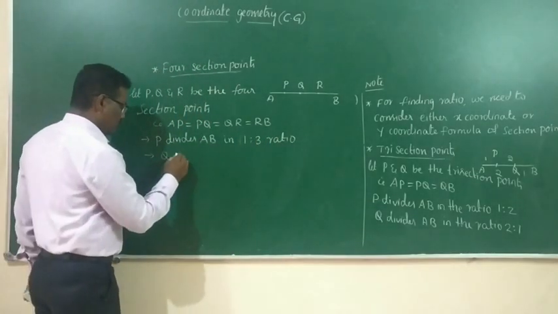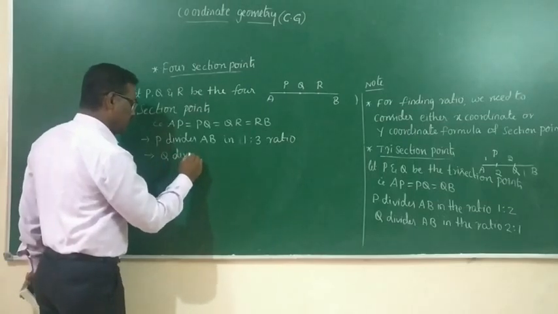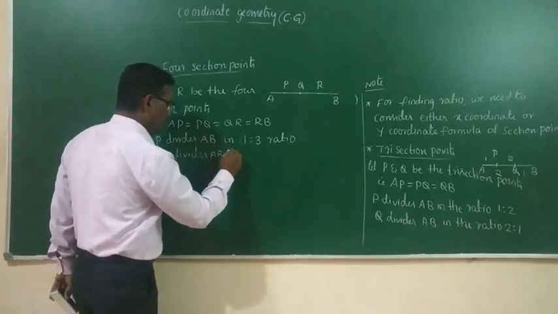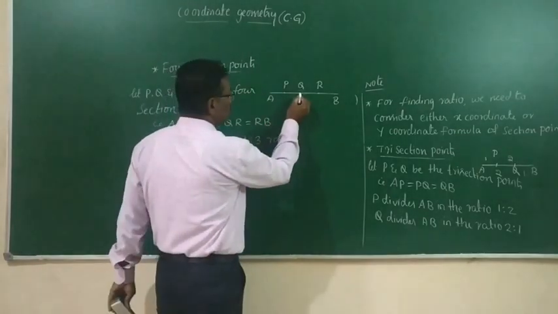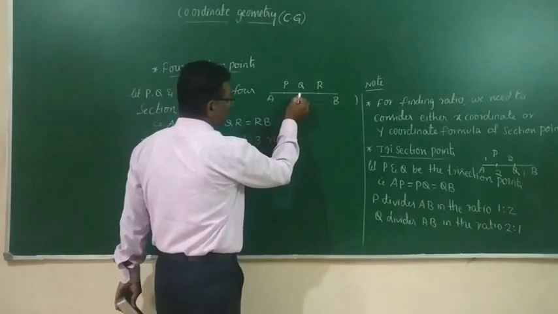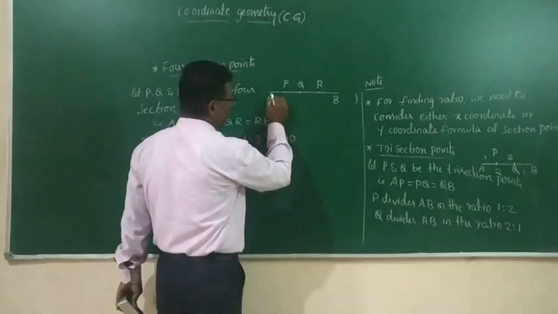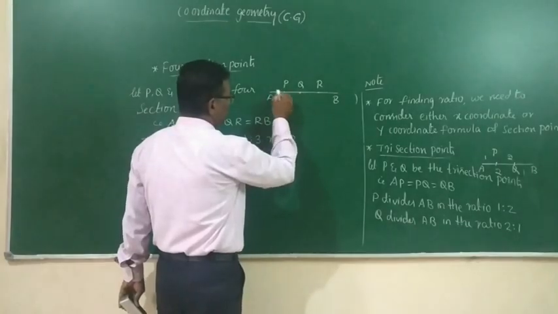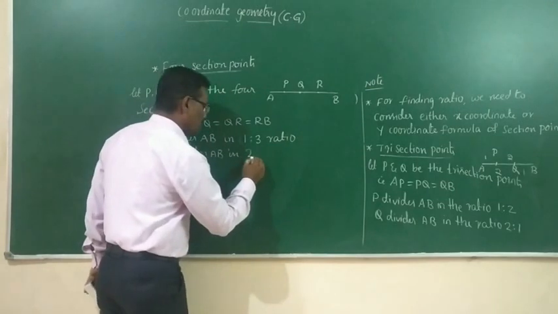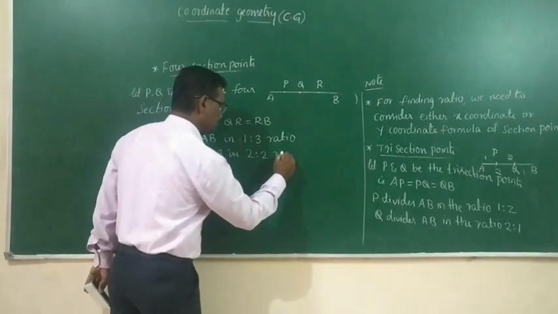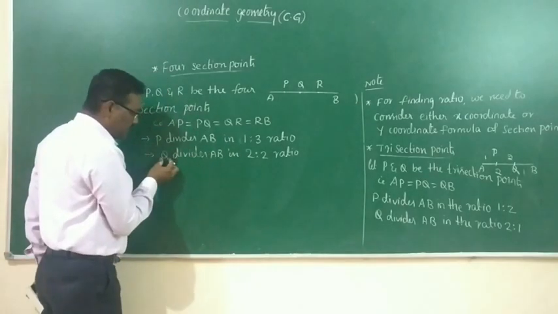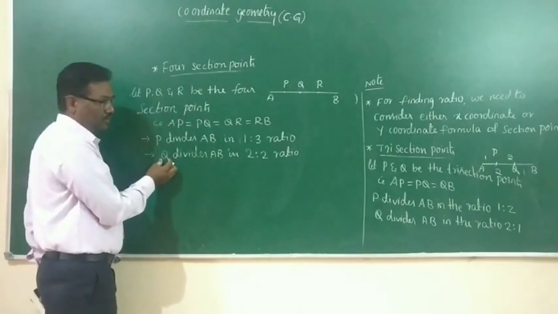Second one, Q divides AB in which ratio? Q to A, how many parts? 2 parts. Q to P 1 part, P to A another part. Therefore, Q to A 2 parts, Q to B also 2 parts. So 2 is to 2. When the ratio is the same, the point is considered as a midpoint.